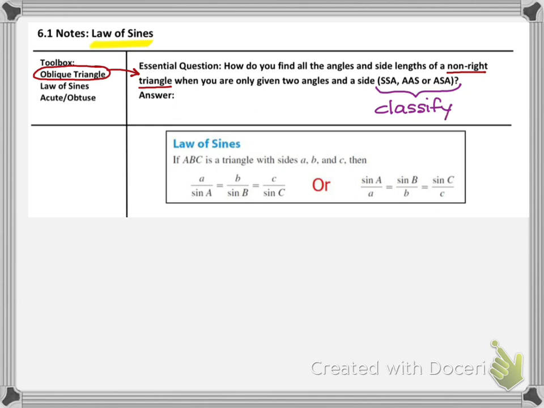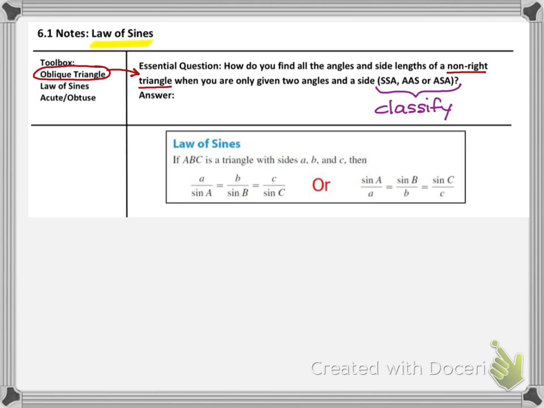Now, the capital S stands for the word side, and the capital A stands for the word angle. So what you're going to do is when you are given a problem, you are going to see what's given, and by looking at what's given, be able to determine if it's an SSA problem, an AAS, or an ASA.